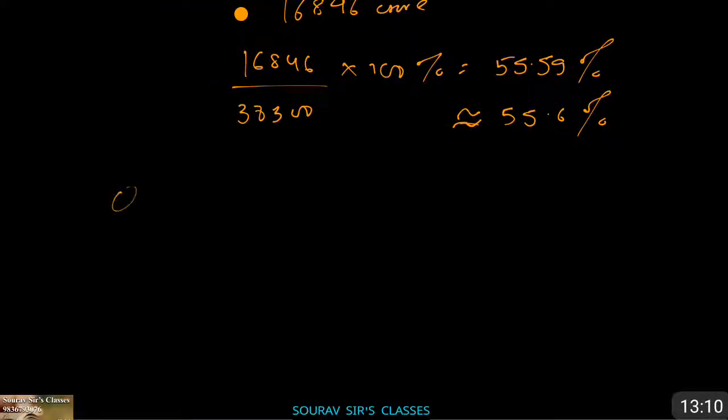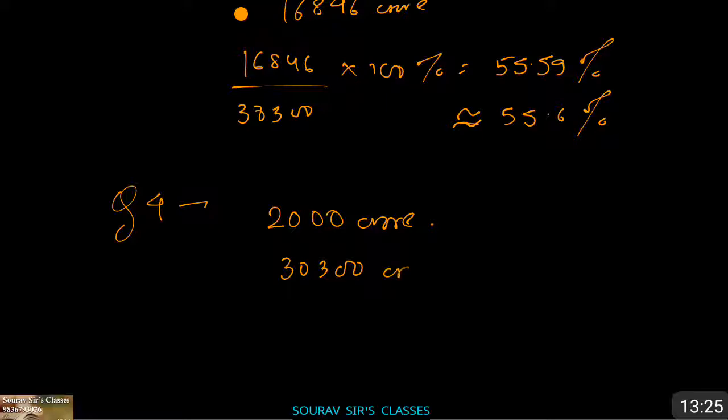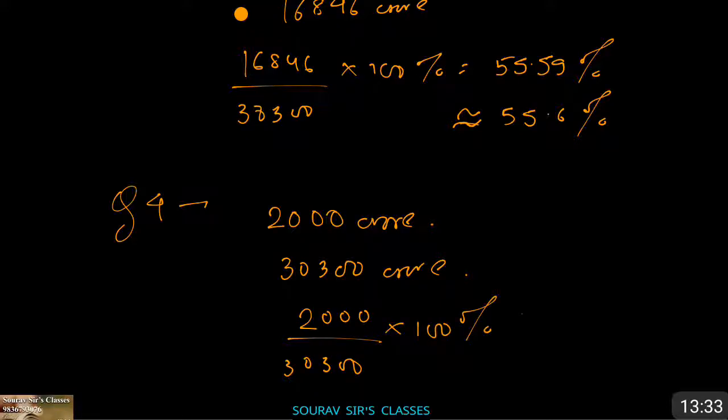And the next question. The angle of the sector representing annuity would be in terms of percentage. Annuity fund is 2000 crore. So total funding is 30300 crore. So the percentage is 2000 divided by 30300 into 100%, which is equal to 6.6%.